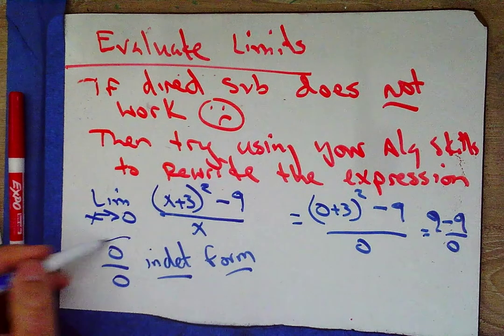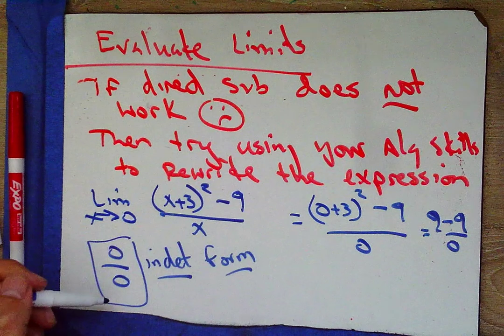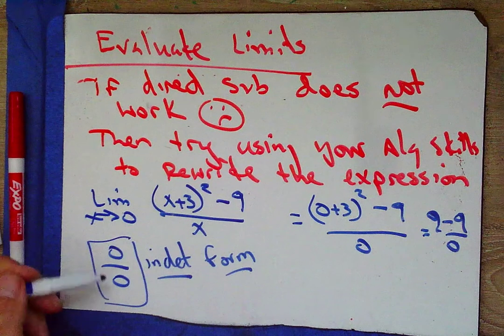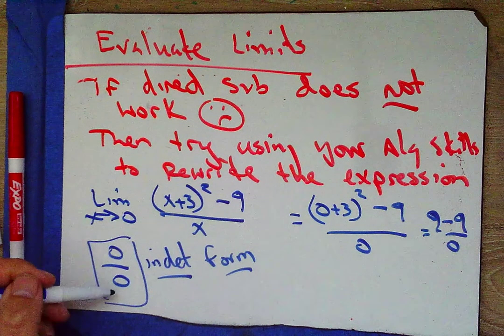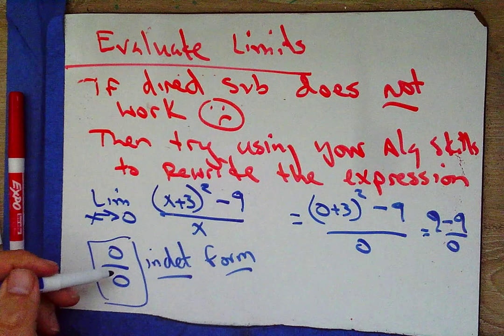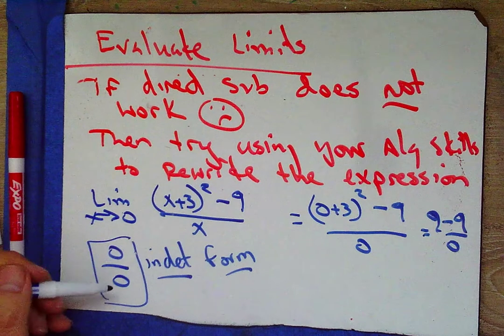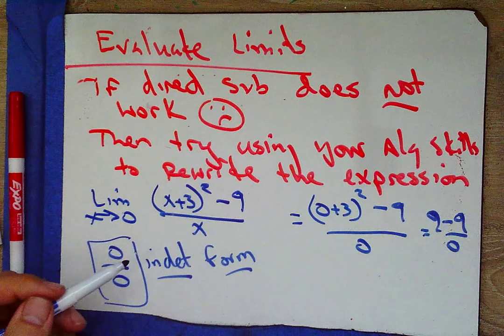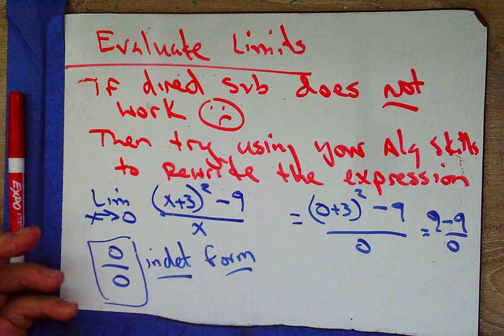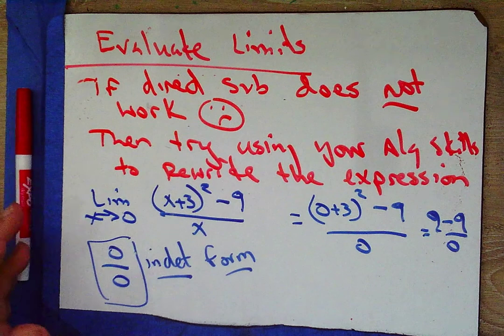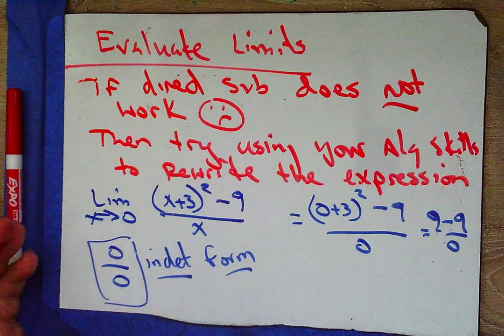Indeterminate form means sometimes this is going to be equal to 0, and sometimes a number divided by itself is going to be equal to 1, and sometimes, because I'm dividing by 0, this will be infinity, and sometimes this will be 2/3. And how am I supposed to know? Well, it depends on the situation.